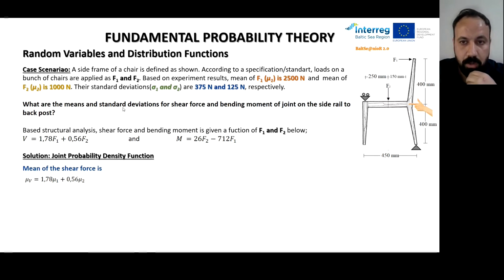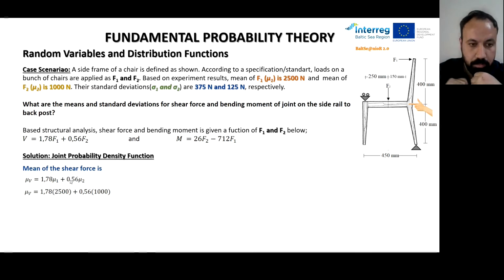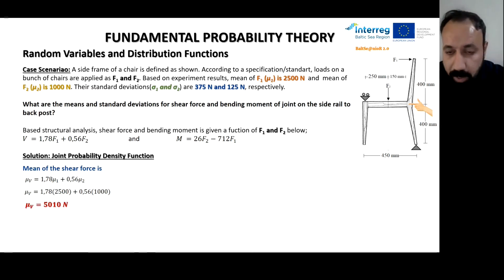They are the means of F1 and F2. If I plug μ1 and μ2 in here and make the calculation, I can find the mean shear force on this joint. It is 5010 Newton.